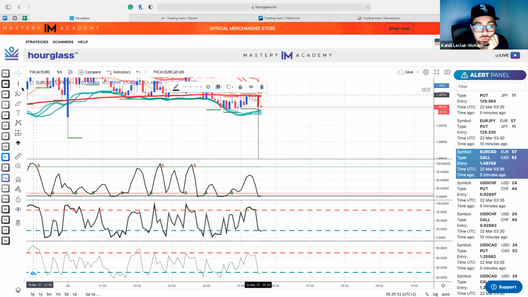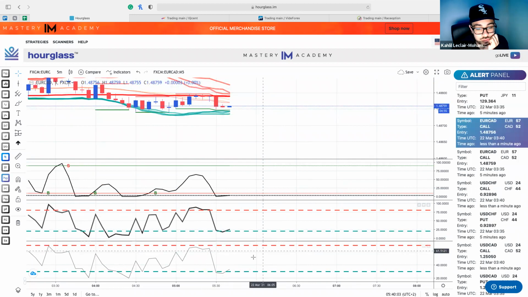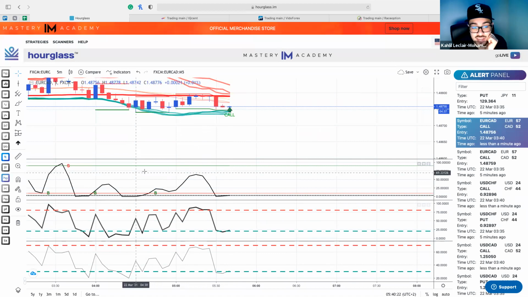Are we oversold on all of the indicators? Not just one, all of them. Now we are. Why am I saying that? Because we crossed below. You want to wait for it to get below, not at the line, below the line. Does that make sense? Now we're crossed over, and vice versa.